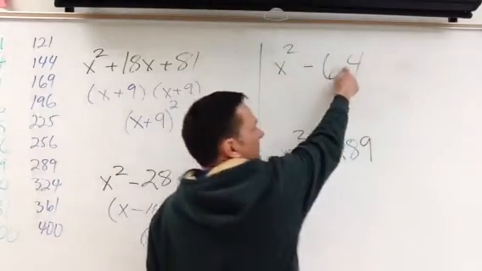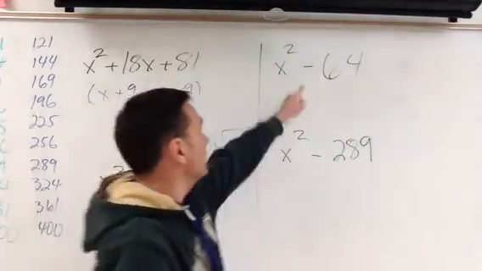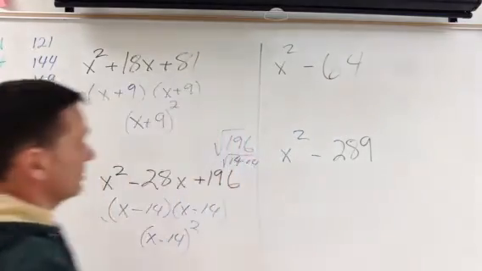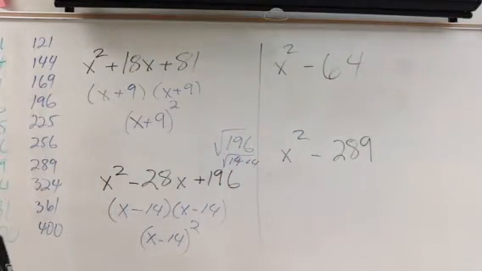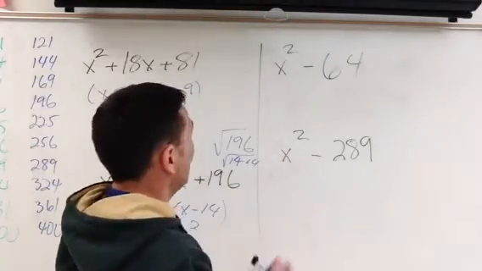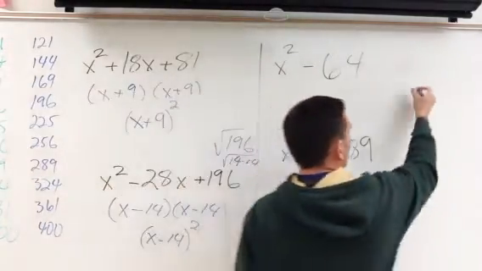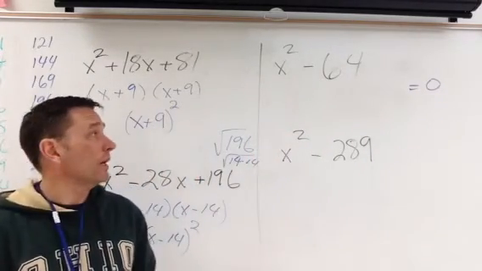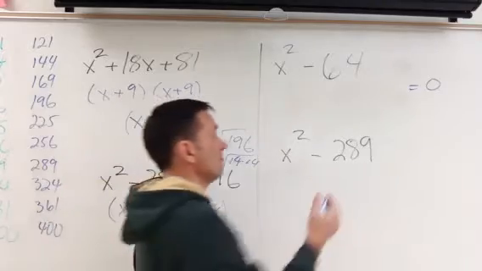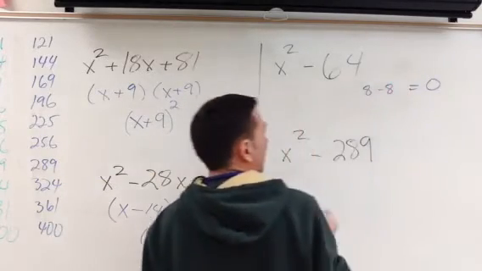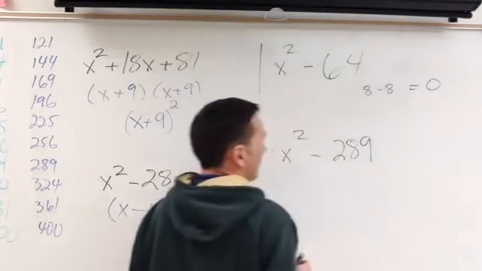I identified that 64 is a perfect square and we are subtracting. So which means I need a positive and a negative. When you add them together, if there's no x's there, it has to equal 0. So if we take the square root of 64, if we make one number a positive 8 and a number negative 8, 8 minus 8 is 0.